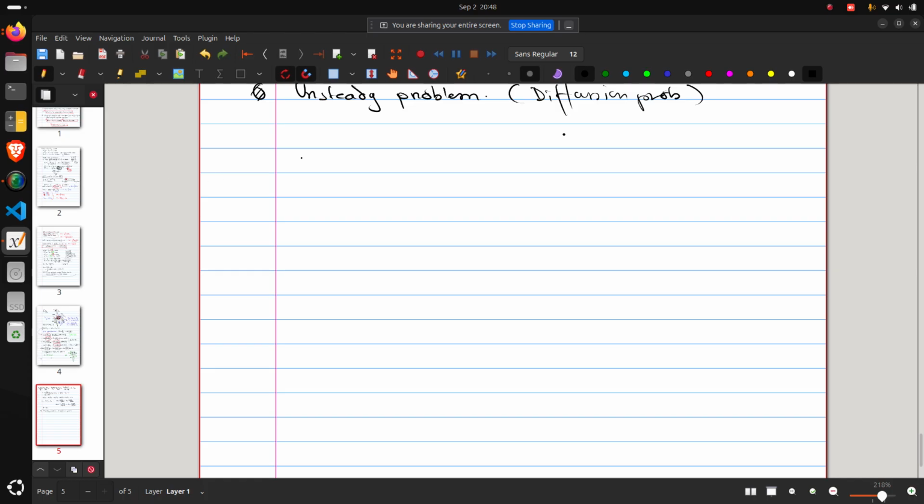So it is nothing but dou by dou t of rho phi plus del dot rho u vector phi is equal to del dot gamma grad phi plus sp, right?